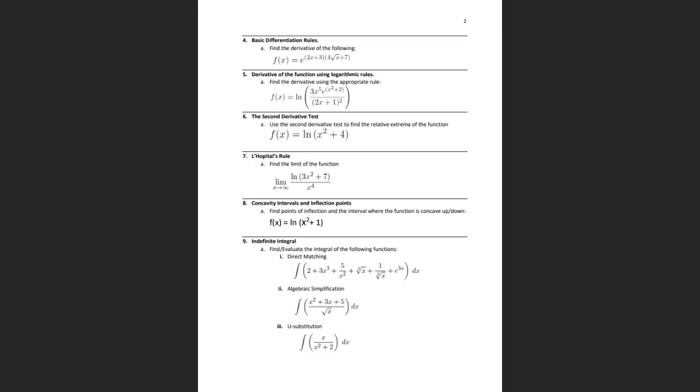I think I got something different. After simplifying it, I got the derivative would be 5 over x plus 2x and then minus 4x over 2x plus 1. Or no, minus 4 over 2x plus 1, sorry. That is the correct answer. Good job.